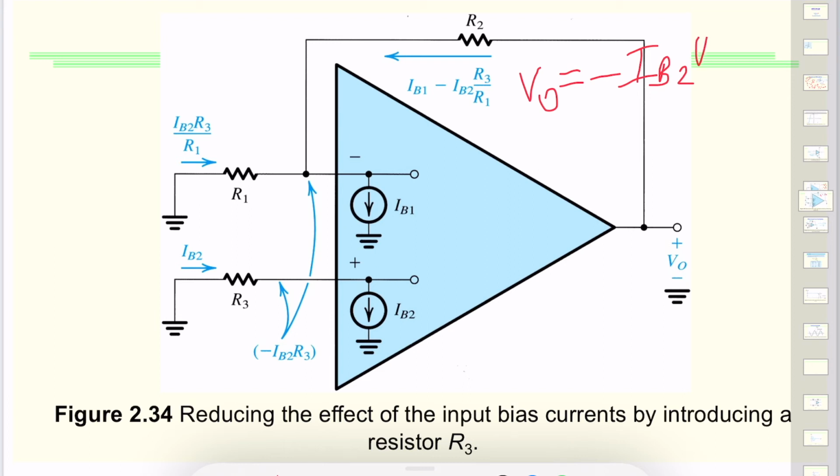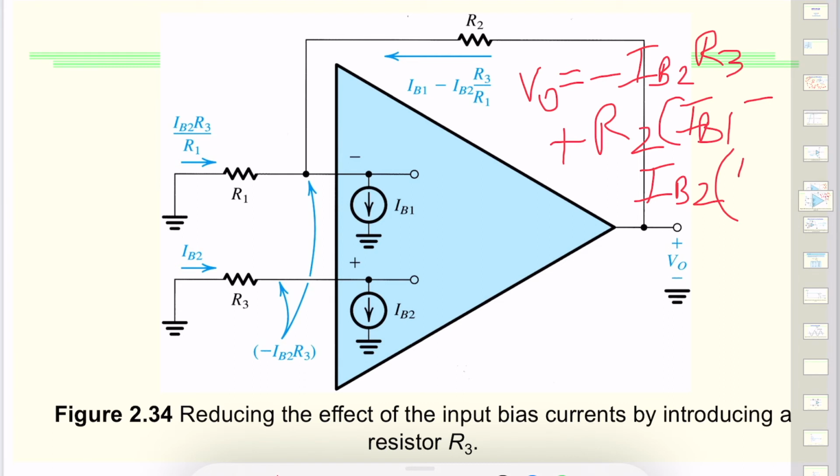So if I were to write the whole voltage drop that's seen on the output, I would see it as the difference between these two currents, and this IB2 because of the path it takes, and whatever part comes through to the output signal.